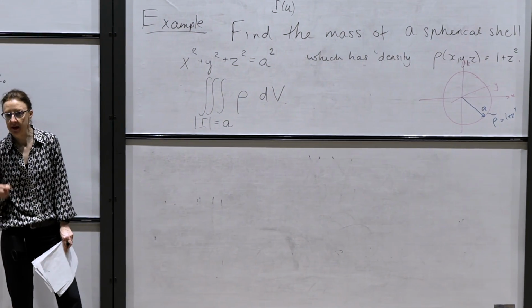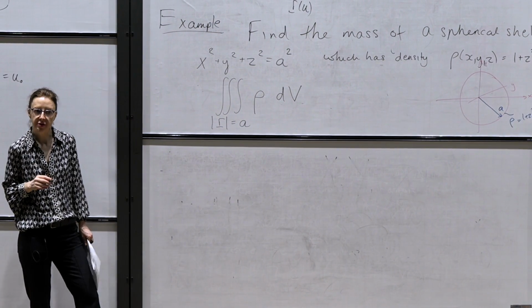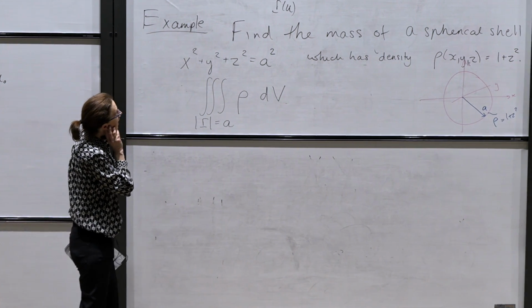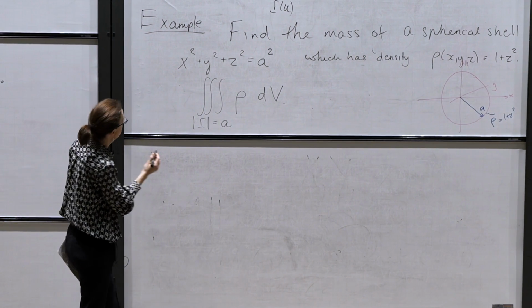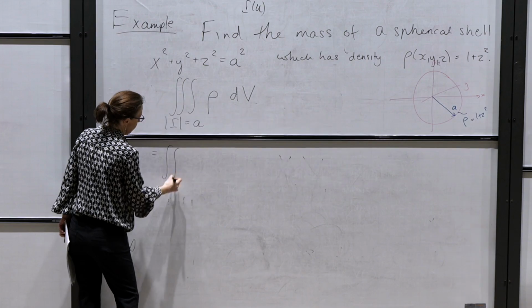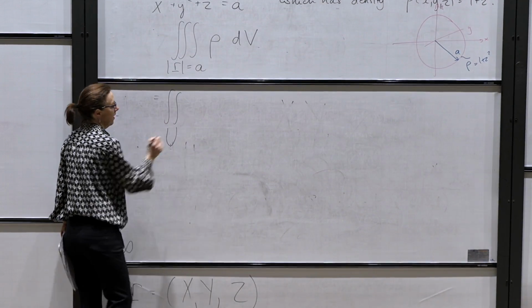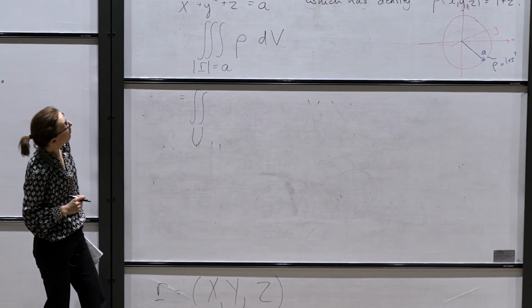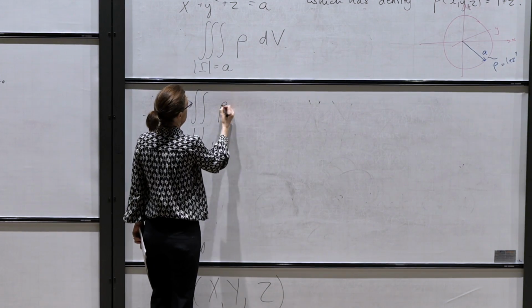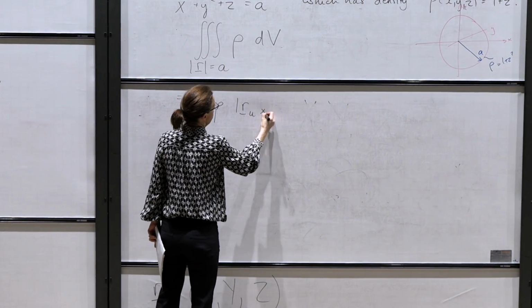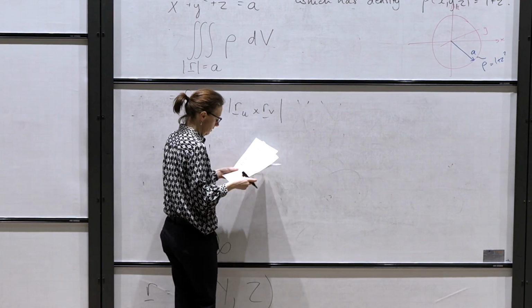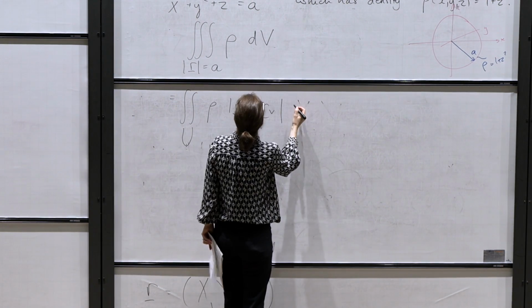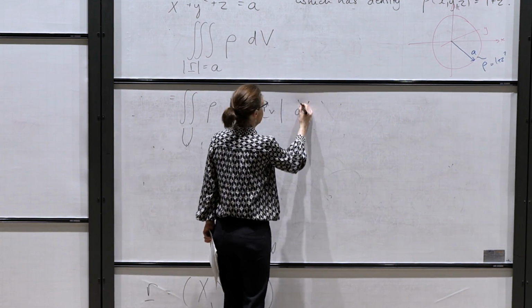But we're not going to do it in Cartesians. We're going to use the parameterization of the surface. And so that's going to be equal to the integral over the parameterized set, which we'll come back to in a minute, of rho mod r_u cross r_v du dv.